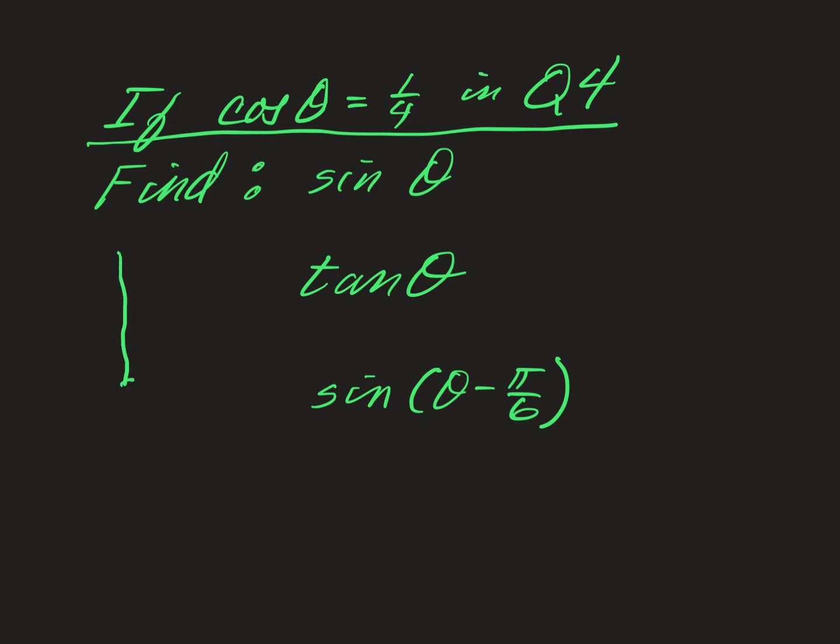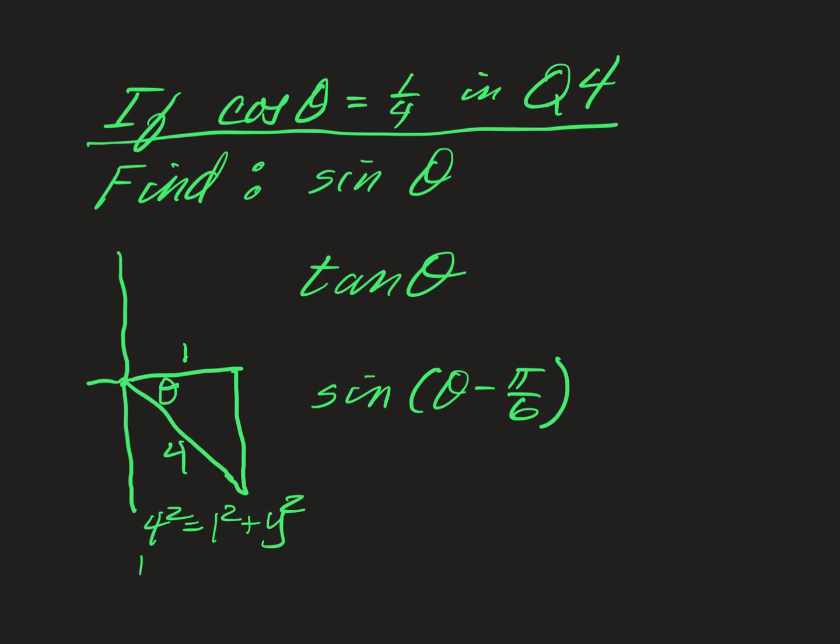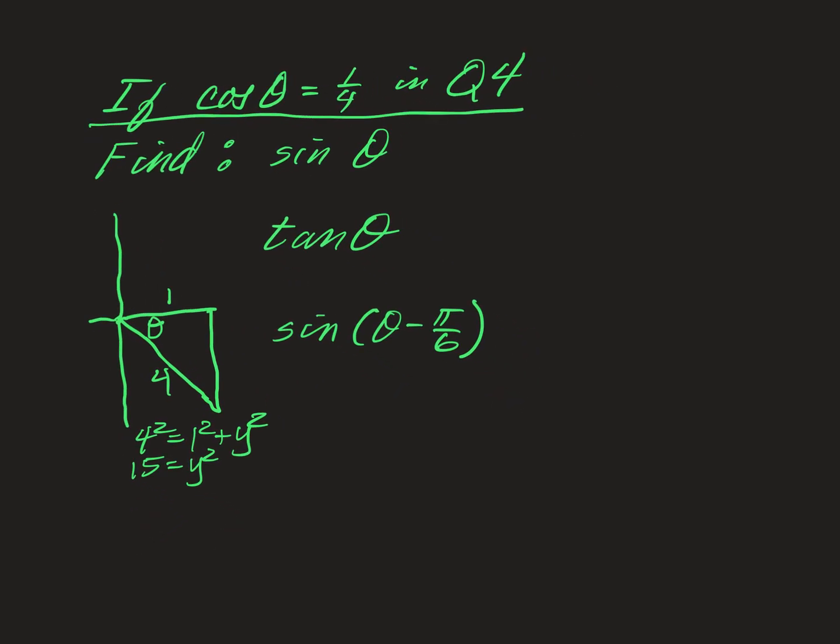So we can immediately go to a quadrant 4 angle here. That's theta, or the reference angle for theta. And cosine is positive in quadrant 4, and it's adjacent over the hypotenuse. We can then use the Pythagorean theorem, 4 squared equals 1 squared plus y squared, which will be 15 equals y squared, which will then give us plus or minus the square root of 15 equals y.